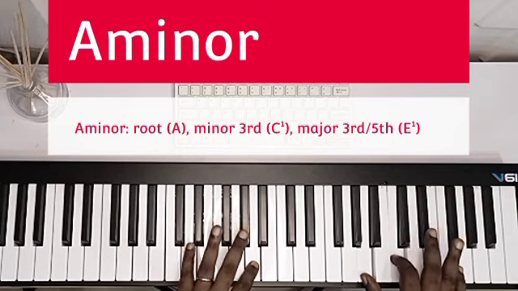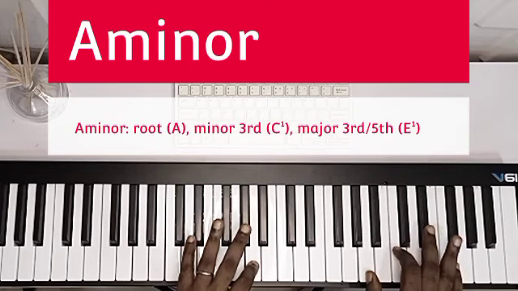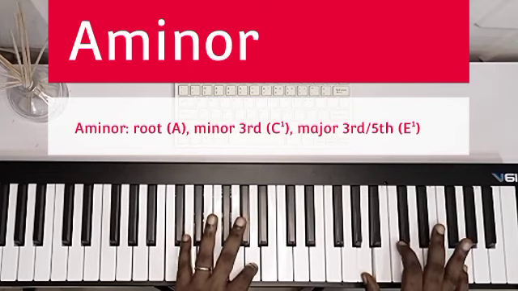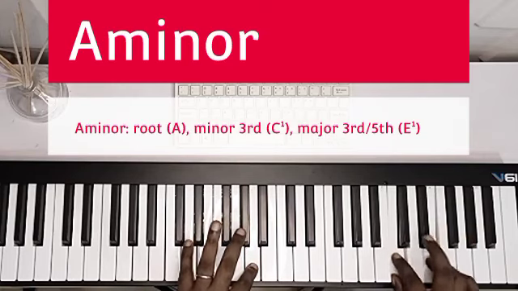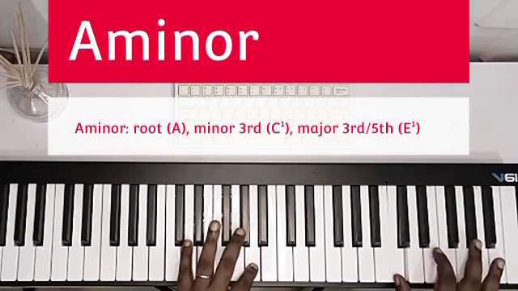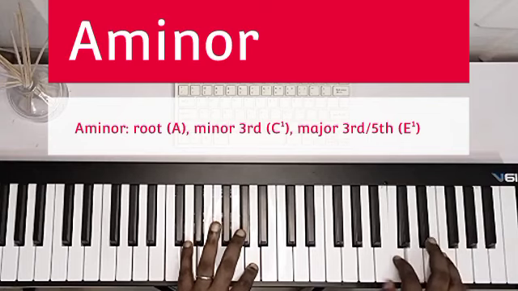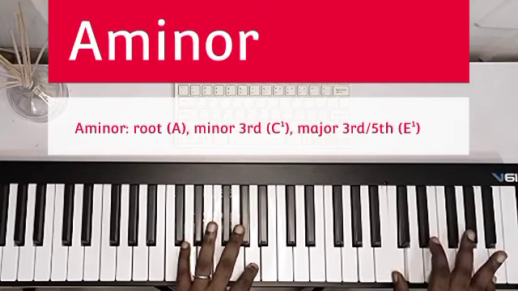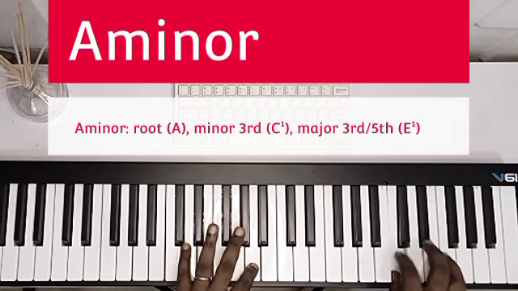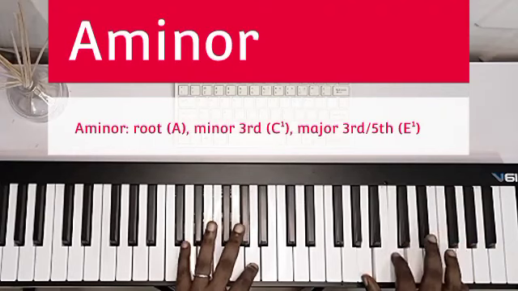So now we have A, C, and then E, because for C you have E as a major third. So you have A minor third, C, a major third. So you have A, C, E.